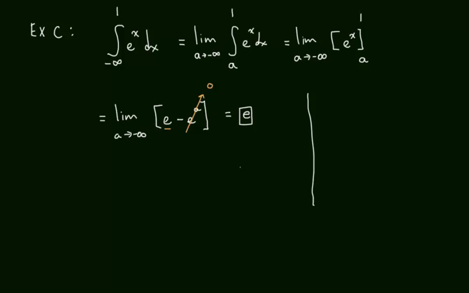So let's take a look at the graph. And the graph here of e to the x is a growth function. Looks like that. And y equals e to the x. But what we're looking at here is as we come from negative infinity up to the value of 1, let's say 1 is here, then again we're saying that that area converges to e.